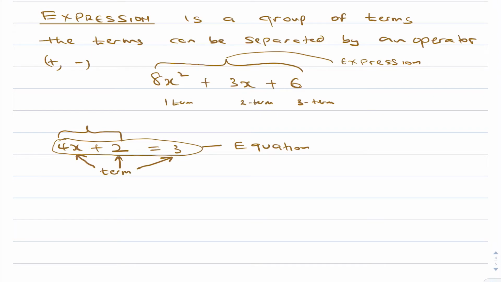It's called an equation because it has an equal sign in it. But the 4x plus 2 is an expression.